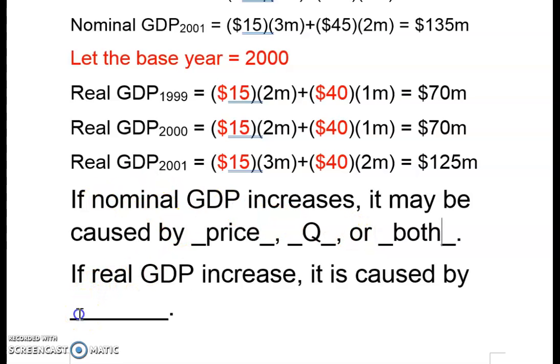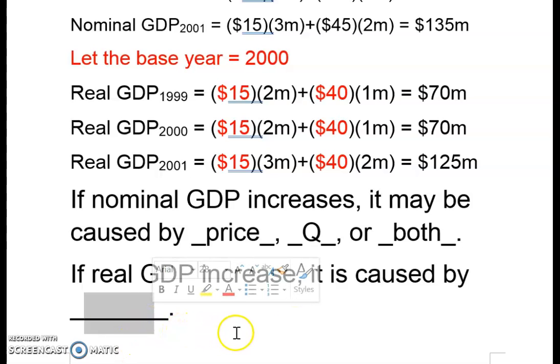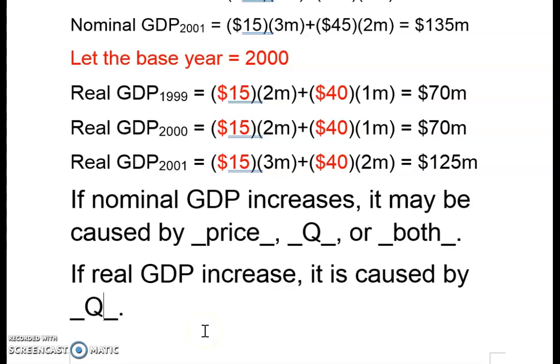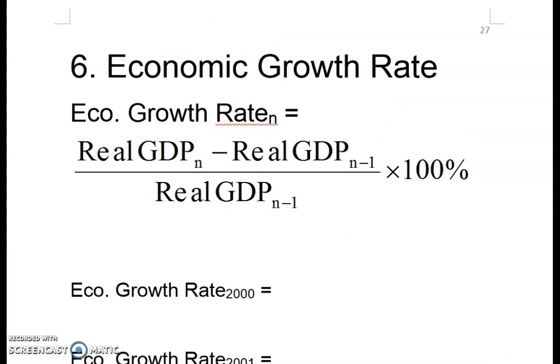So for nominal GDP to change, we really don't know which one caused the change. But if real GDP increases, it can be caused only by what? By the quantity, because the price has been fixed, right? So only a quantity change can cause real GDP to increase.